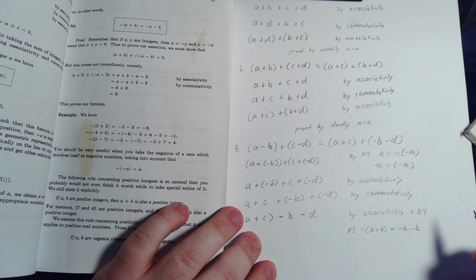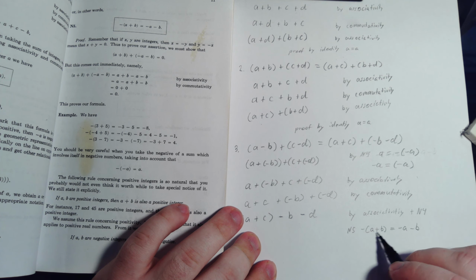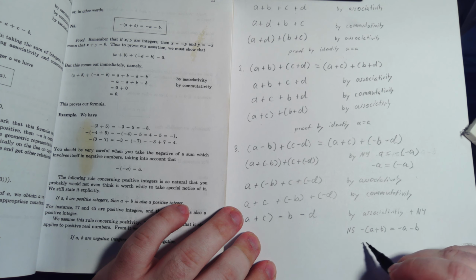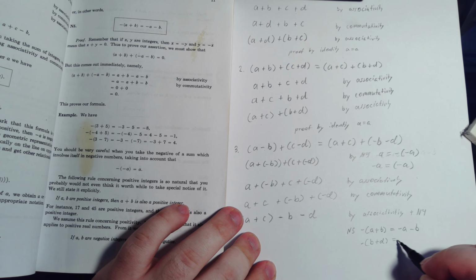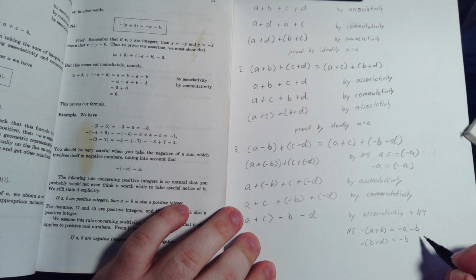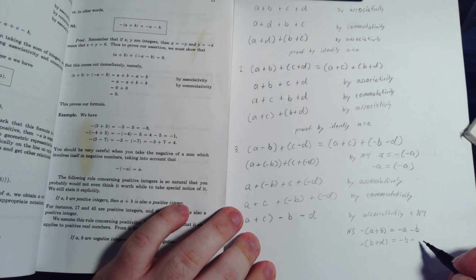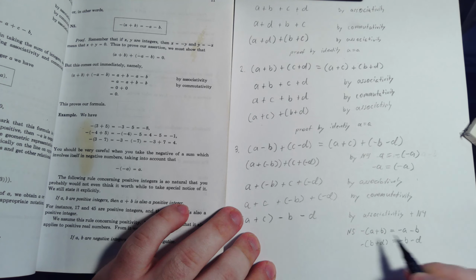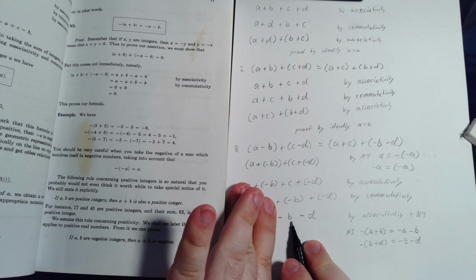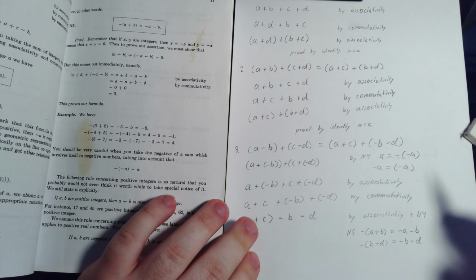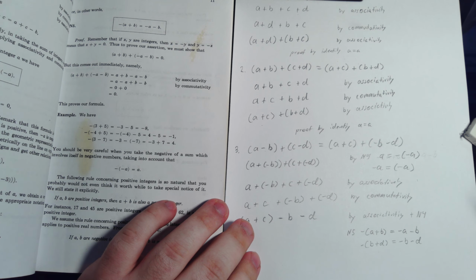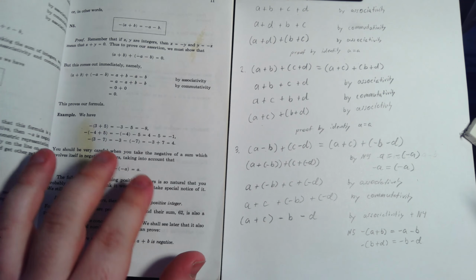So if you imagine we're swapping A and B for B and D, where we have this minus B minus D, minus B minus D is equal to minus B plus D. Okay.